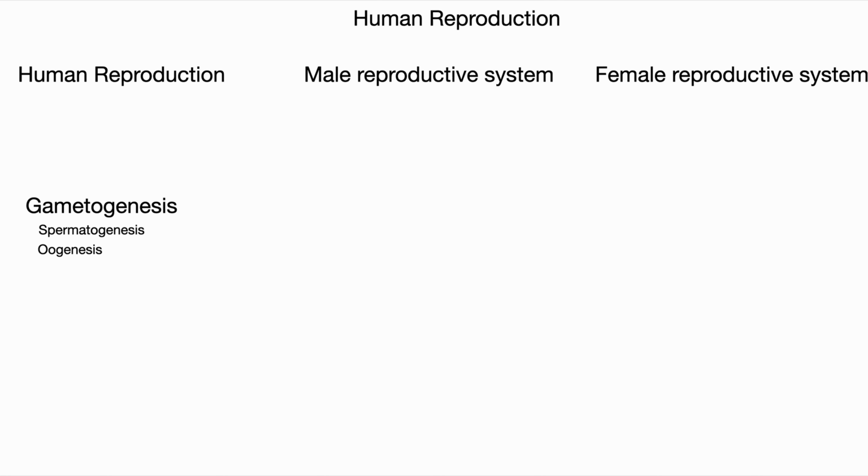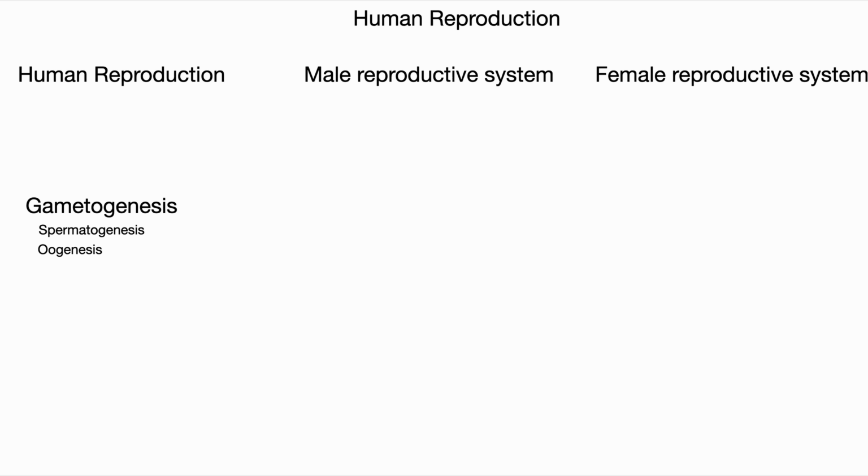This gonadotropin releasing hormone acts on the anterior pituitary, releasing two hormones. One is luteinizing hormone and the other is follicle stimulating hormone. Now, the luteinizing hormone and follicle stimulating hormone are released into the blood and they travel to the testis.